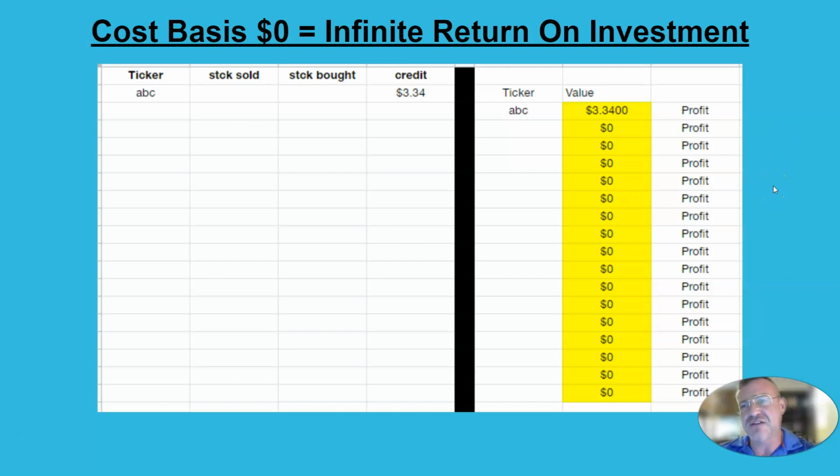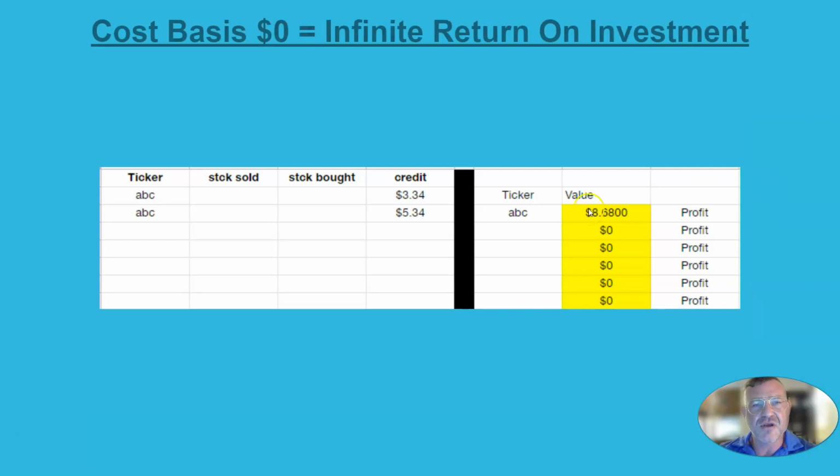Let's say that was 5 days, okay? 5 days go by, you keep the premium, and then you do the same thing. Now, this time, you sold on a down day, and the volatility was high, and you took in, this time, $6. Wow! Instead of $4, you got an extra $2.